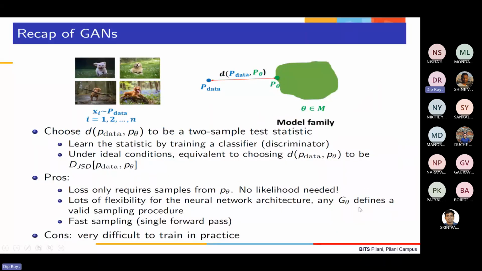All right. So in the last class, we were discussing GAN, and the machinery that we built up was because we wanted to go towards likelihood-free learning.